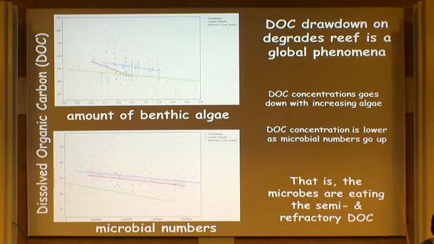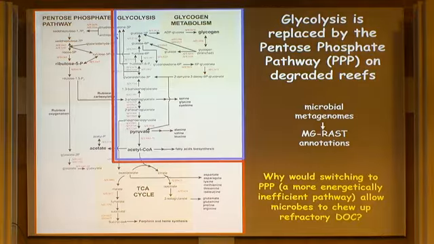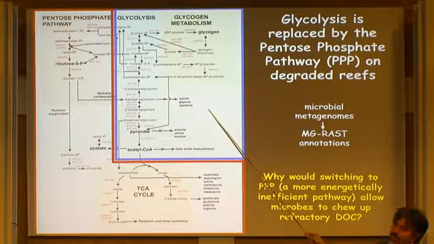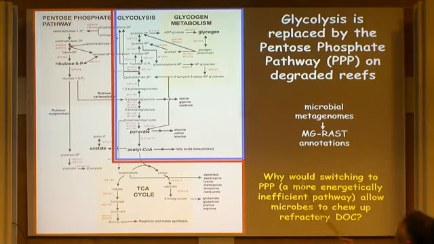The other thing that Andy's been looking at is what the microbes are doing in these different systems, and I think this is really cool. Glycolysis is what's driving microbial metabolism on the healthy reefs, and they switch to the pentose phosphate pathway, PPP, on the degraded reefs.